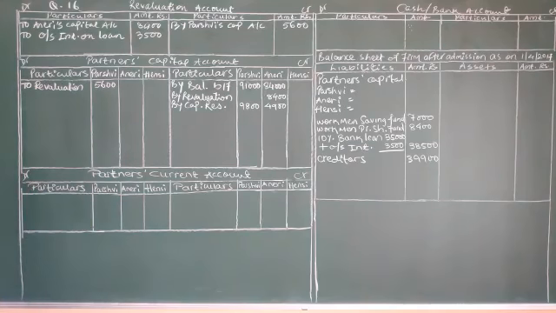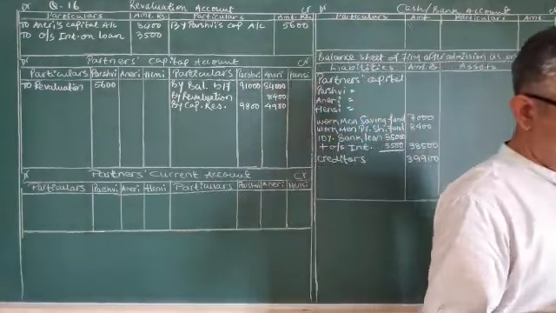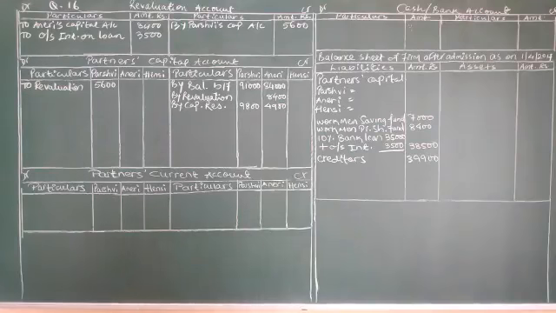But the most important thing, goodwill. Here take care. Goodwill has two matters. One, that is old goodwill, which is already given in the question. Second, that is new goodwill, because the total goodwill of the firm is given in the adjustment, adjustment number 6.